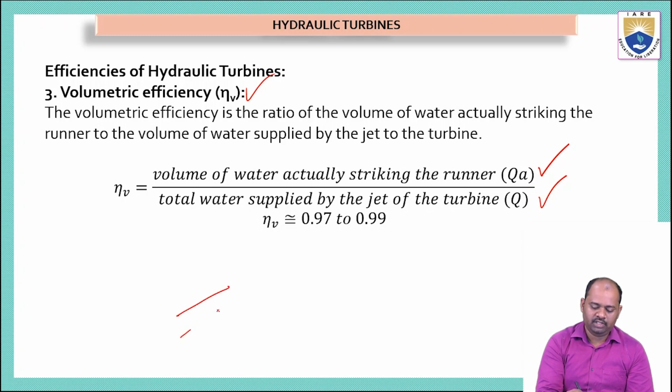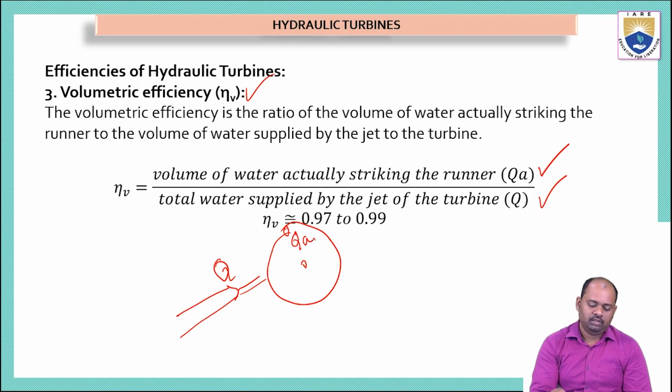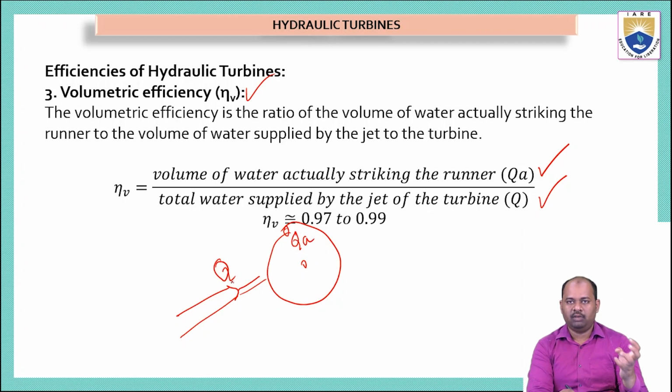We will have a jet from which water comes out, where we will place a turbine. The amount of water here is Q, and the amount of water touching the turbine is QA. So Q is the water coming out of the jet and QA is the water that is actually striking the buckets of the turbine.